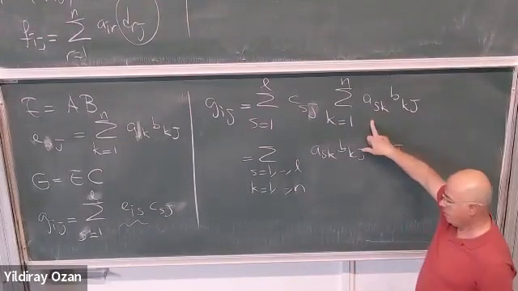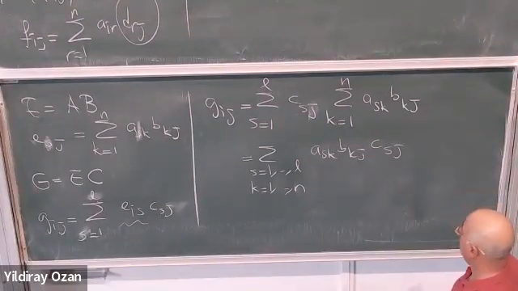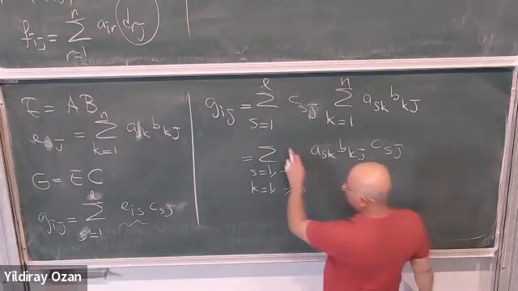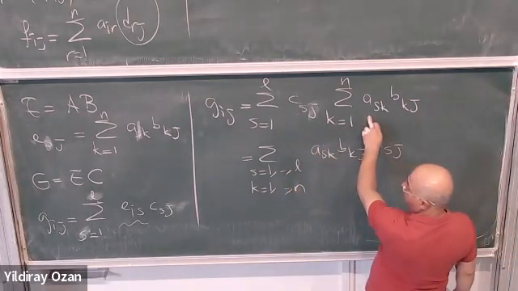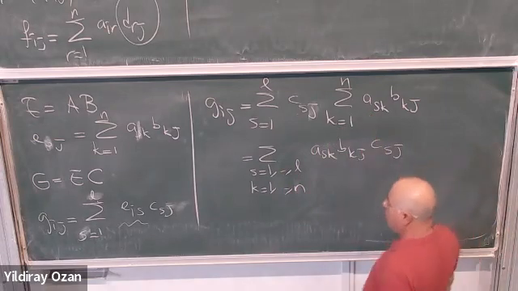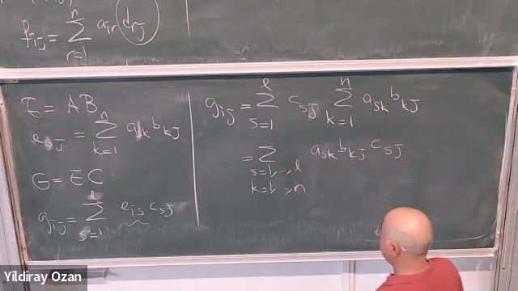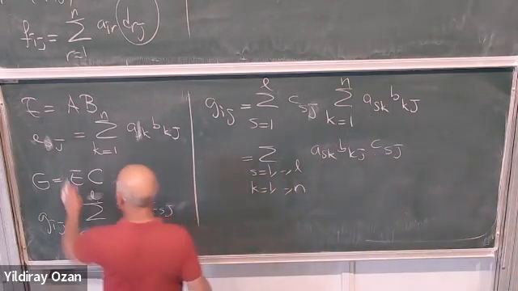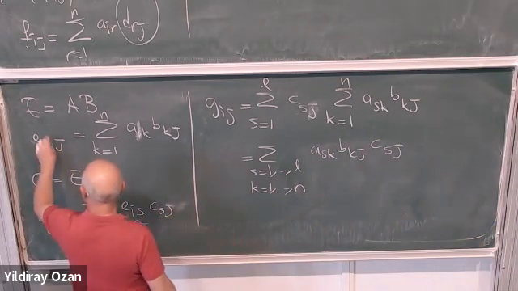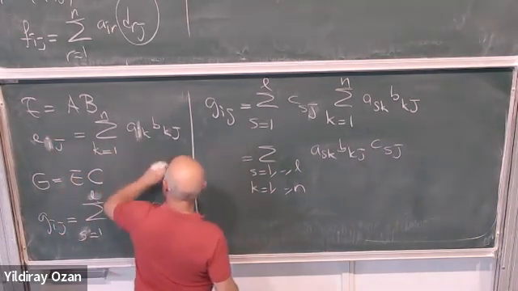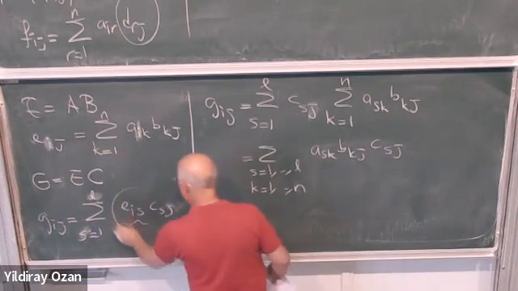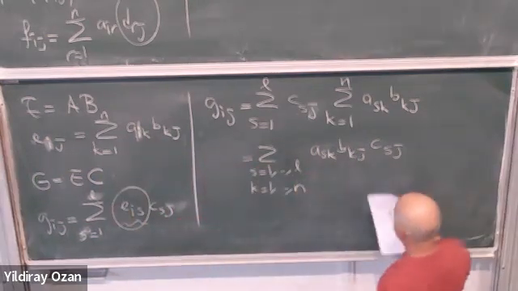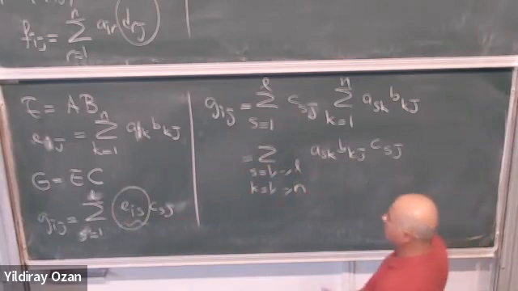Did I write something wrong here? Just a minute. Oh, okay. Oh, sorry. Yeah, here I have E I S. E I S is what?